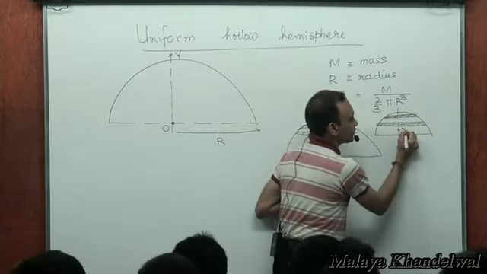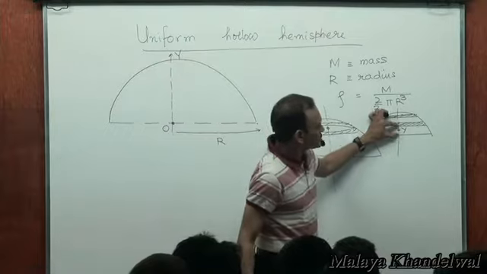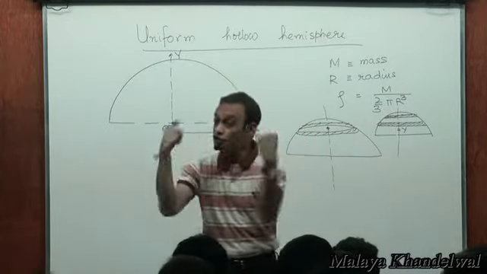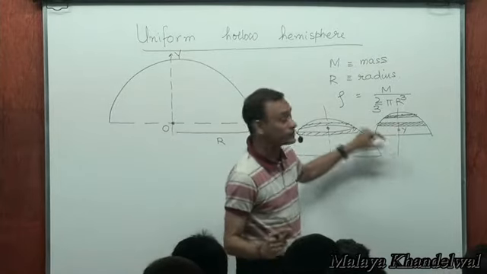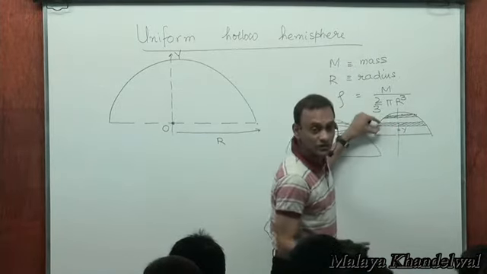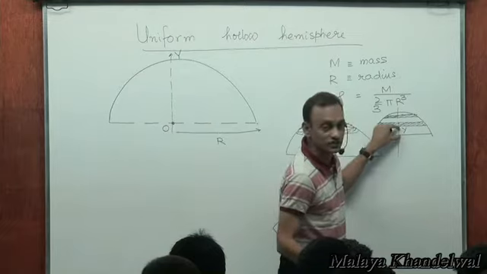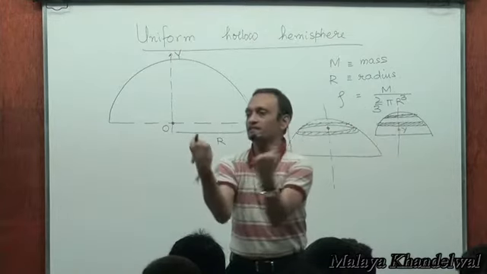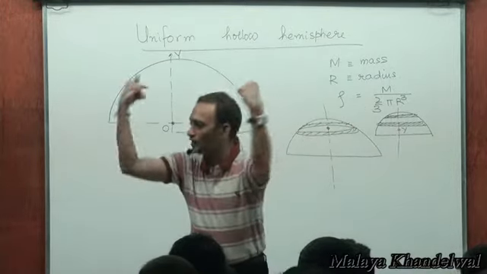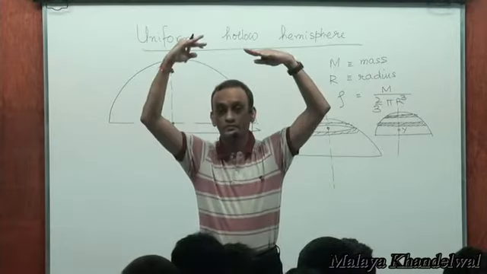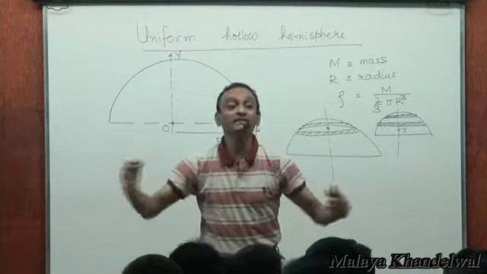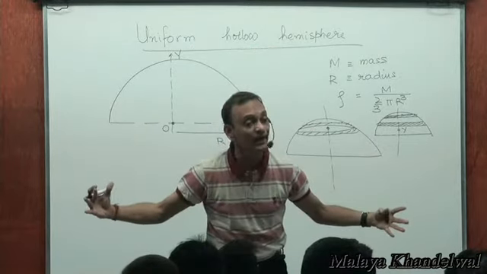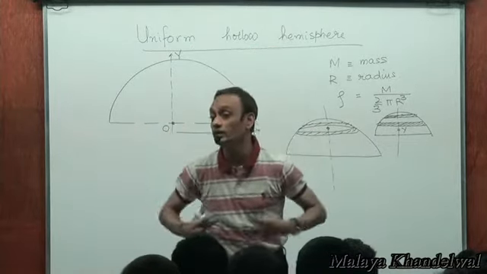I'll take the y of this ring, which is also the y of the center of mass of this ring, into the mass of this element. I do that for all the rings: y into the mass element, y into the mass element, and I sum it up, so that all rings are covered. And then I divide by the mass of the hemisphere. That's going to give me y of the hemisphere.